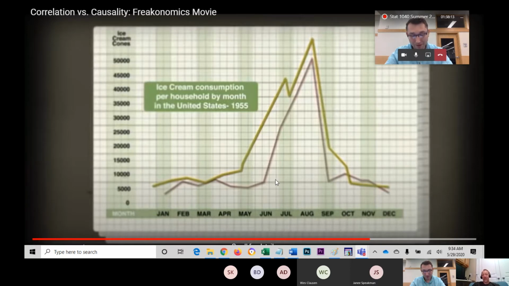But the lurking variable here is the summer months. So there is clearly something going on in the summer. But ice cream doesn't cause polio. It's swimming in infected lakes and ponds and swimming pools. That's another reason why we have chlorinated pools.